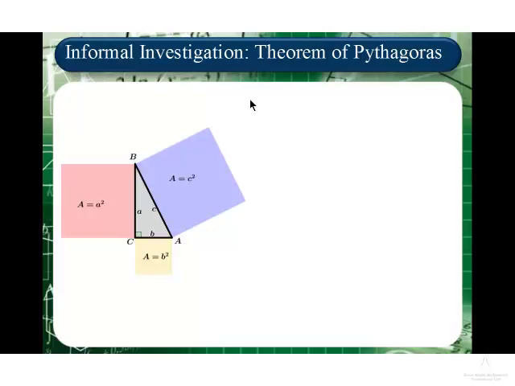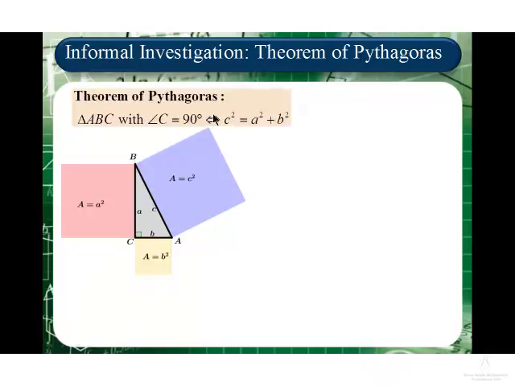We start off with a right triangle ABC. And in this case, for the right triangle ABC, the right angle will be at C. So angle C will be 90 degrees.